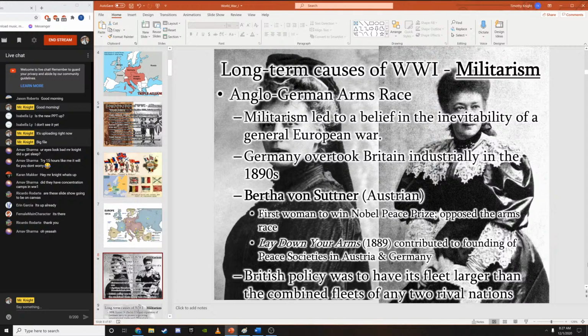Germany is also at the forefront industrially of military technology. They are building new ship designs. They're building new things like zeppelins, which are blimps. What else?